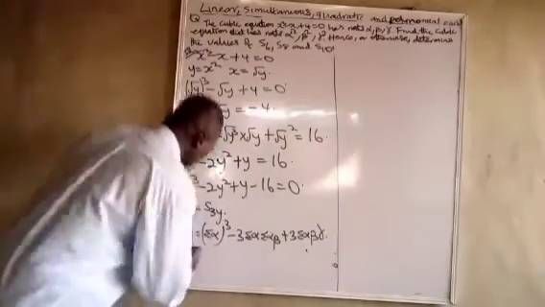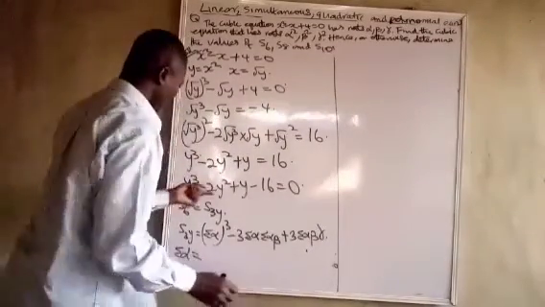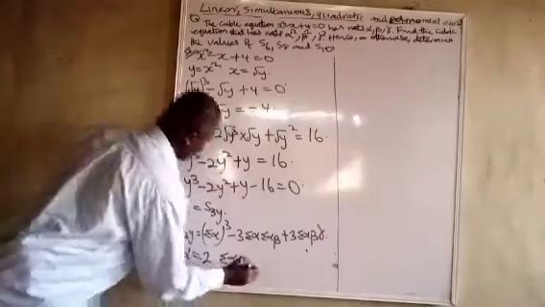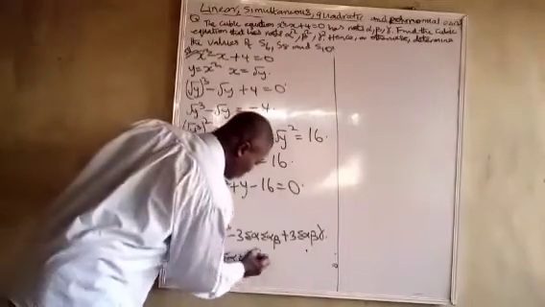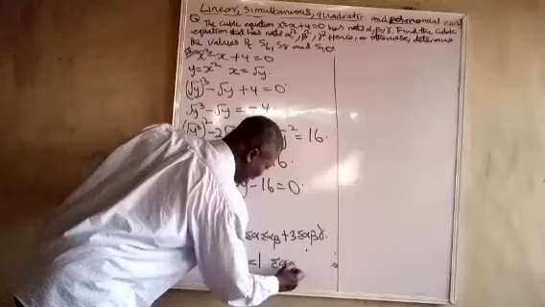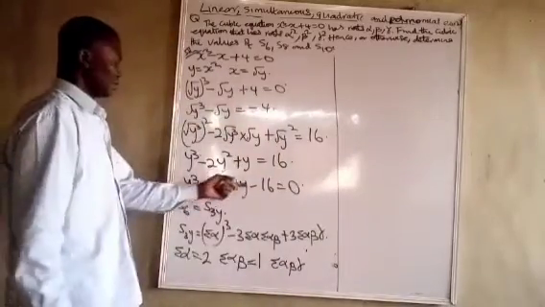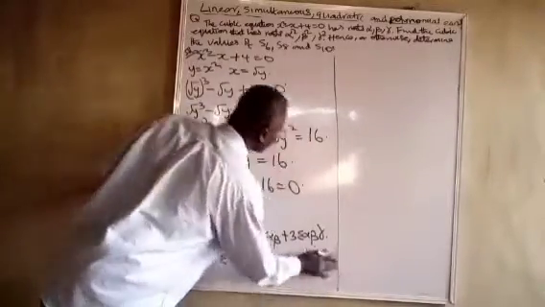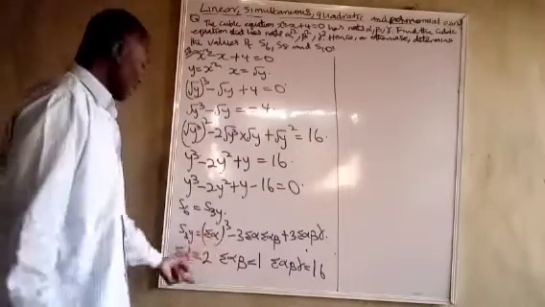So summation alpha is equal to minus 2 over 1, that's 2. Summation alpha beta, 1 over 1, that is 1. Summation alpha beta gamma, that is minus 16 over 1, that is 16. Now we have known this formula, so let's substitute.